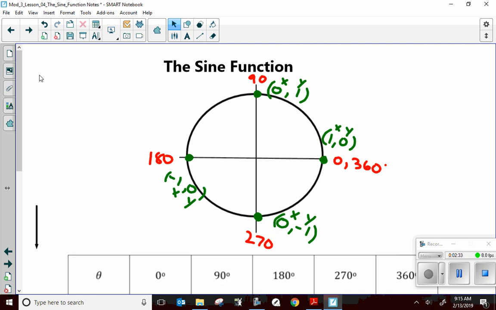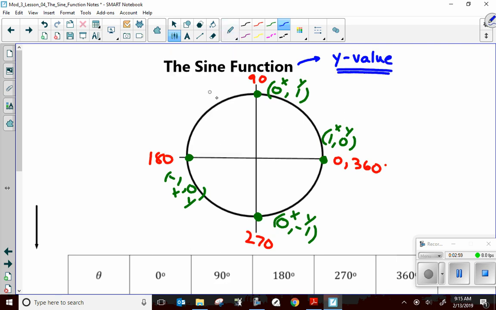So any angle that's in 90-degree increments, 90, 180, 270, or 360, anything that falls right on one of the axes, we don't have to use a reference angle because we can figure out the sine and cosine of that angle simply by knowing that the sine function is the y value. Remember?